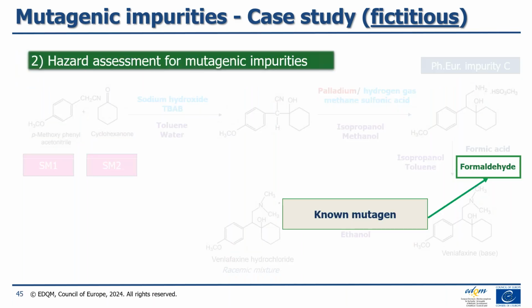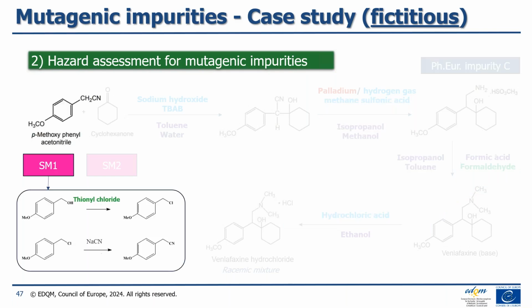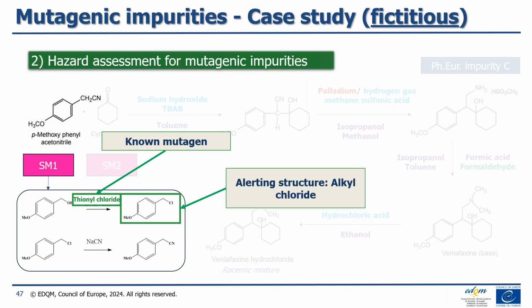For example, we do have here formaldehyde, which is a known mutagen. We do have here potential byproducts which may be formed, which are the corresponding sulfonate esters. Coming to the starting material, we do have here thionyl chloride, which is being used, which is a known mutagen. And as Gareth said before, the precursor of the starting material, which shows an alkyl structure and alkyl chloride.